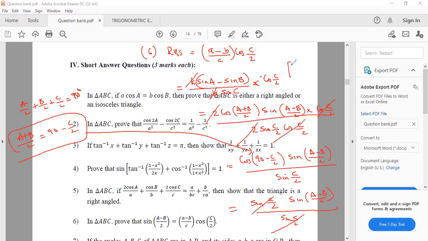By sine rule. Then no reasoning here, because it's an 11th standard formula. Reasonings are required only in the formulas that you are learning this year.